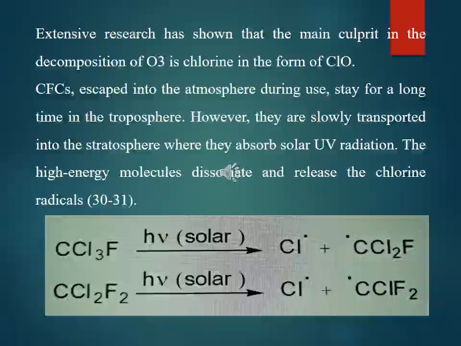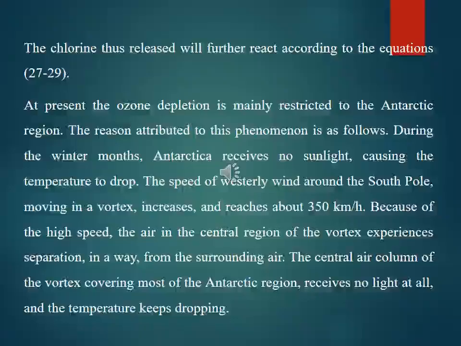For example, CCl3F in the presence of ultraviolet radiation generates chlorine radical and CCl2F radical. On the other hand, another chlorofluorocarbon, CCl2F2, in the presence of ultraviolet radiation generates chlorine radical again and CClF2 radical. The chlorine radical thus released will further react.